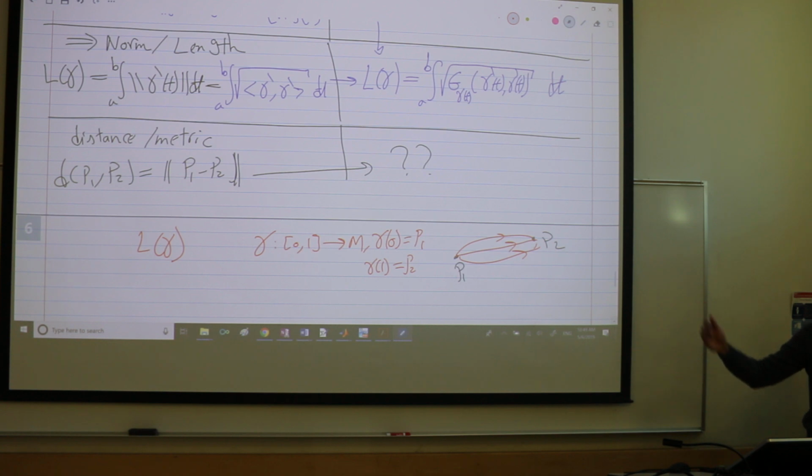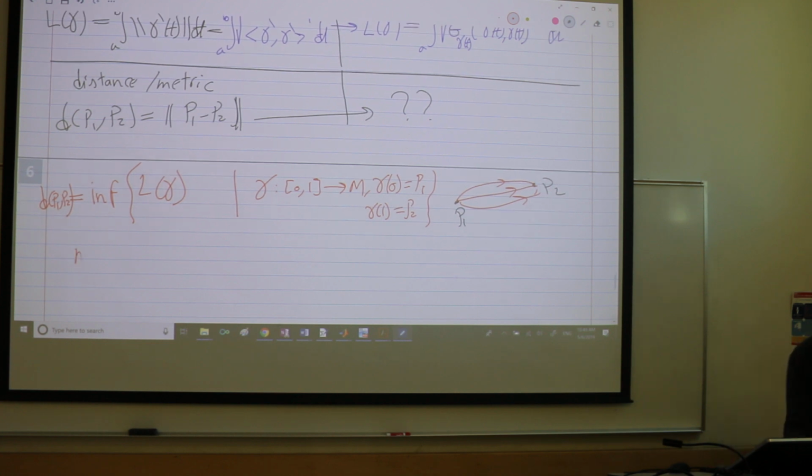But these are too many things, so I will get the minimum. I will construct this set and take its infimum. I will define this to be the distance between P1 and P2. Any question about that? You don't need to write it down, but it's up to you.